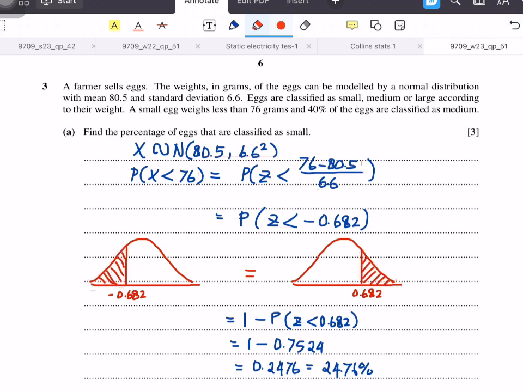So it's the same as 1 minus probability z less than 0.682, or it's equal to 1 minus 0.7524. It's equal to 0.2476 or 24.76%.